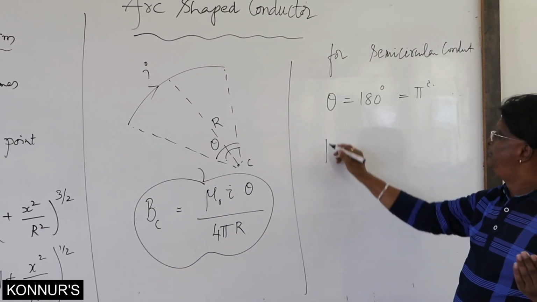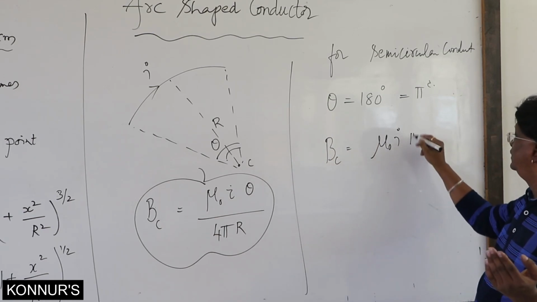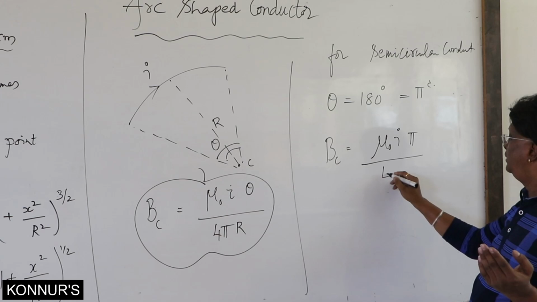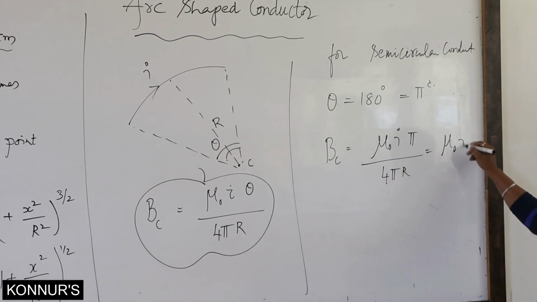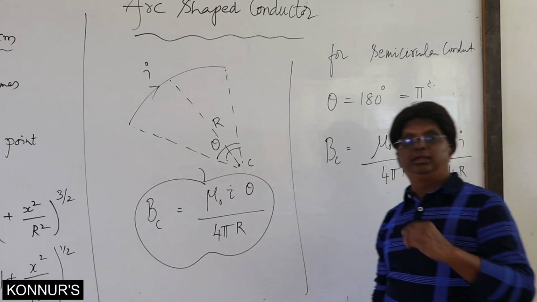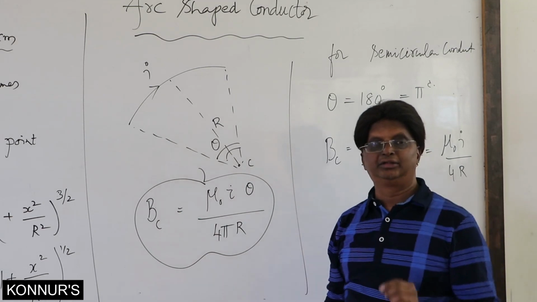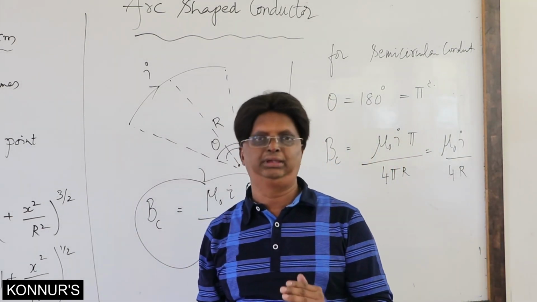Therefore now B at C is equal to mu naught I pi by 4 pi r. This is mu naught I by 4r. Even for any other arcs of different angles, please do remember, you substitute angle in radians only.